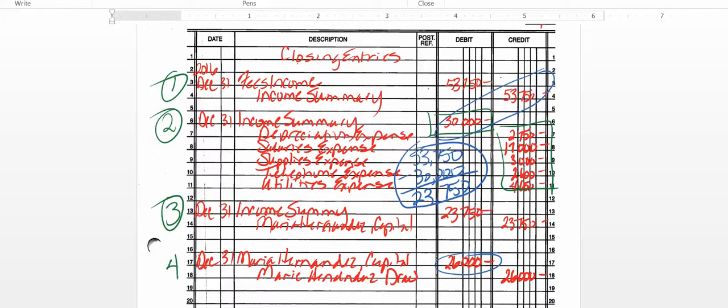Step 4, last step, is to add or subtract the drawing account from the capital. So you start with the capital account, look at your list of accounts and find out how much drawing was taken, and then you close the drawing account by taking out the exact amount that's in that account. Okay, those are the 4 steps for the closing. I hope this movie helped.